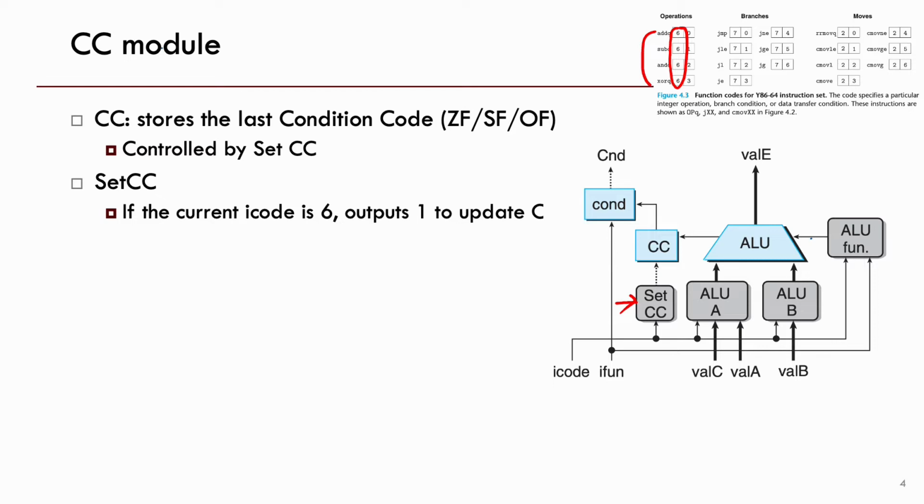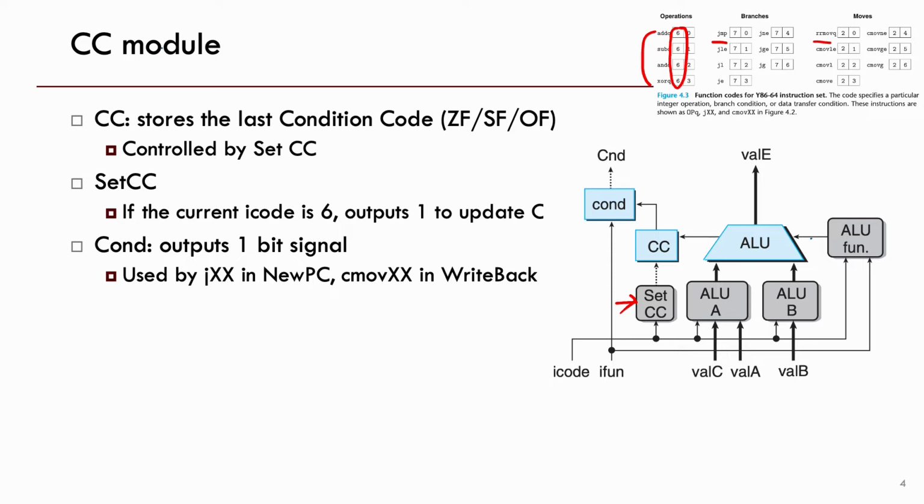For other instructions, like jump or move, this setCC module will just output 0, then the CC module is not going to store the current condition code from the ALU. We will just keep the previous condition code.